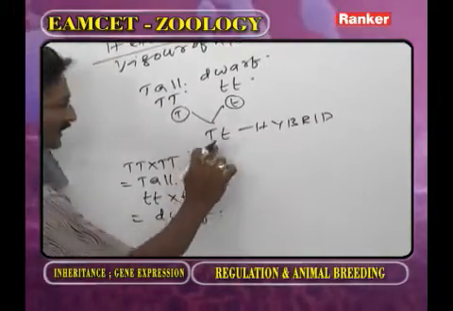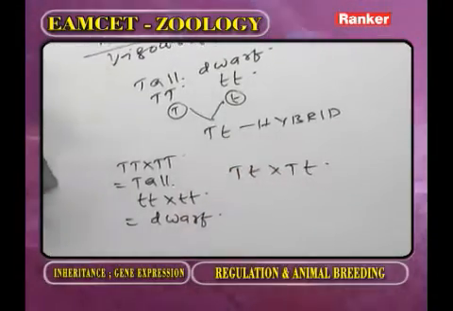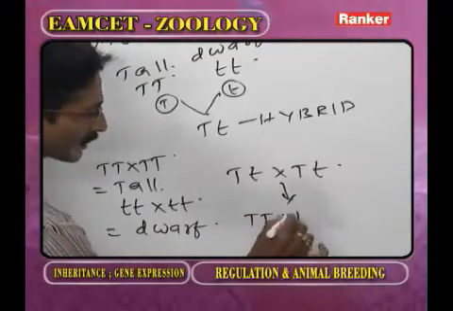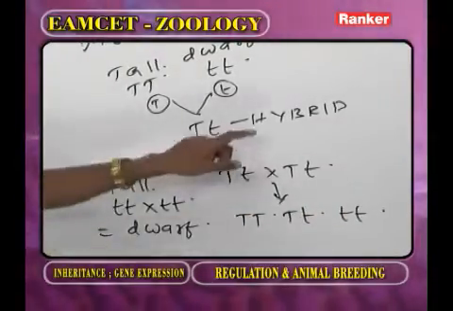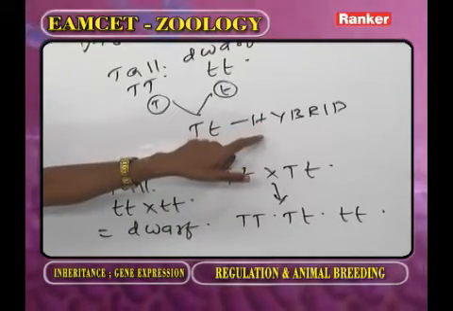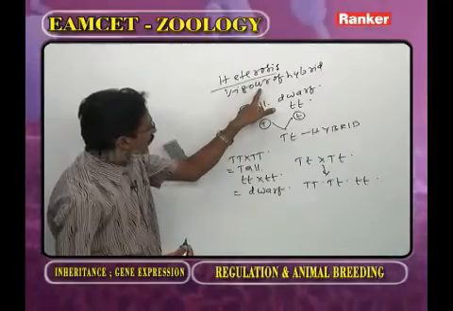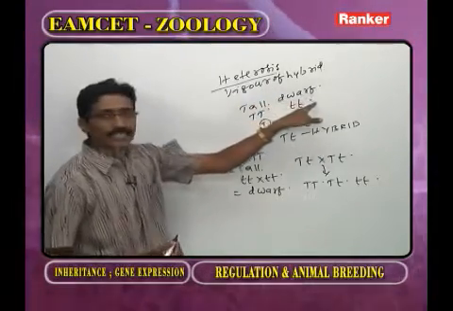But as we observe, when capital T small t is crossed with capital T small t, we are getting capital T capital T, small t small t. So, the hybrid offspring has more reproductive capacity than that of its parents.